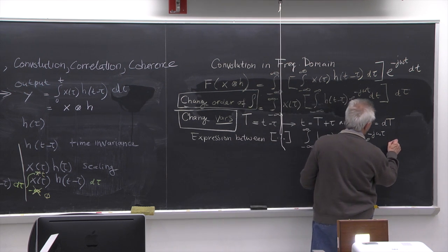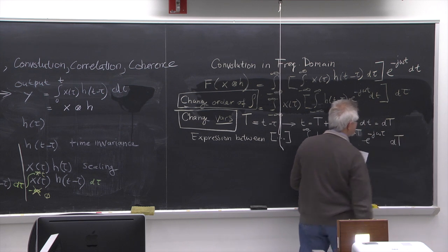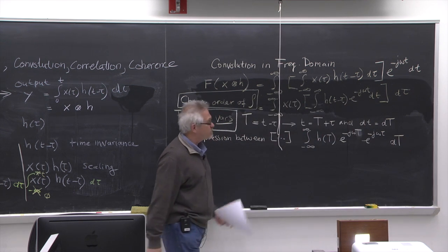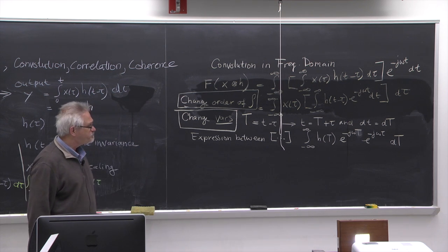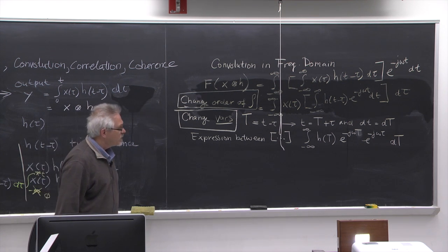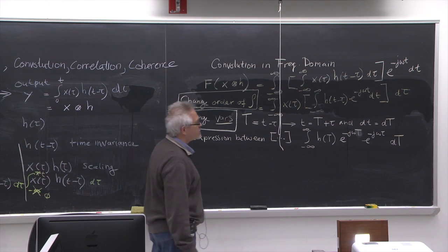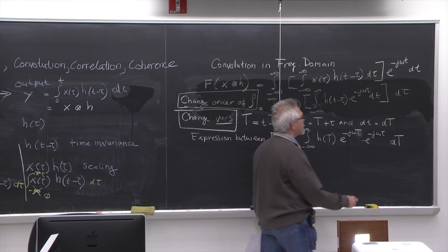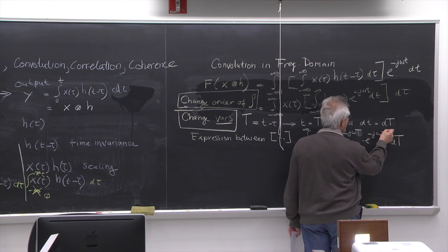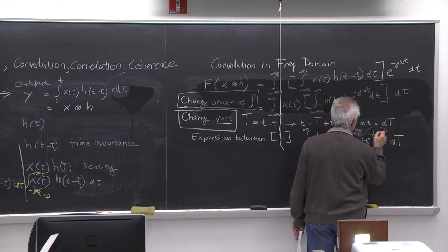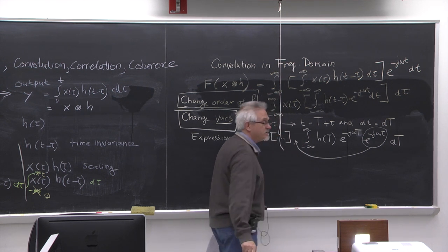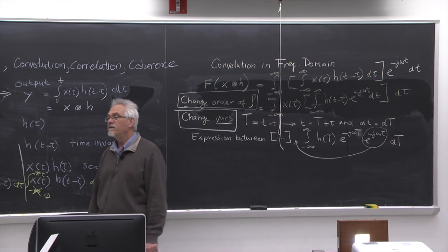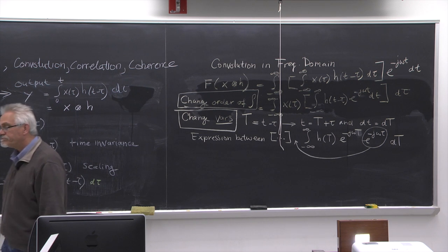And then d little t is the same thing as d capital T. So this is only the expression between brackets, isn't it? And since e to the minus j omega tau is not a function of capital T, I can move this thing over here, isn't it? I can get it out of the integration sign.